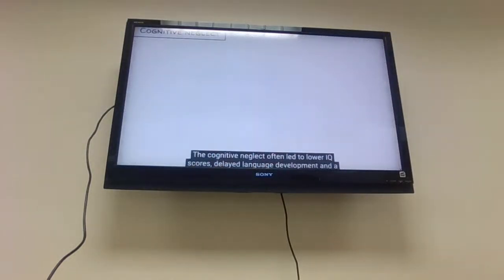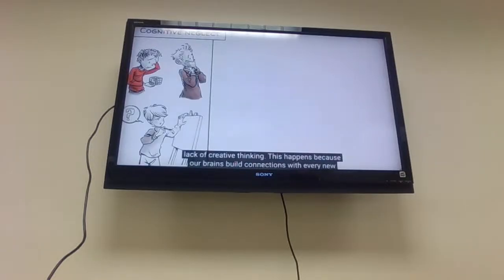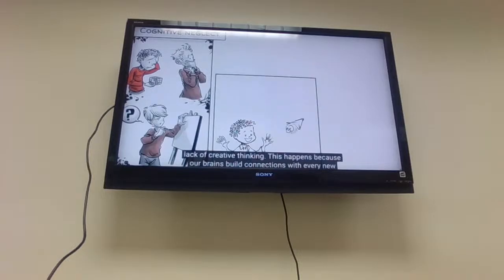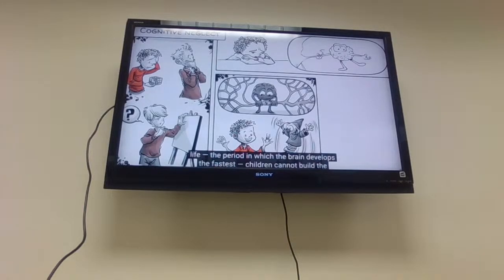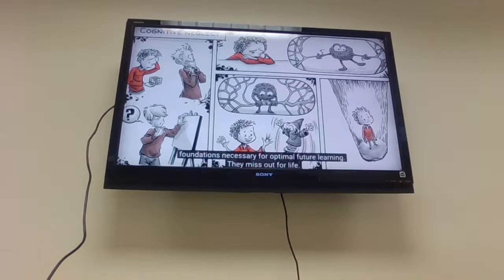The cognitive neglect often led to lower IQ scores, delayed language development, and a lack of creative thinking. This happens because our brains build connections with every new experience and stimulation. If there are no rich experiences during the first years of life, the period in which the brain develops the fastest, children cannot build the foundations necessary for optimal future learning. They miss out for life.